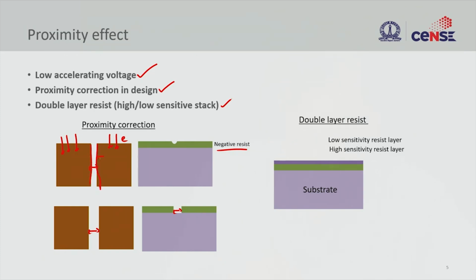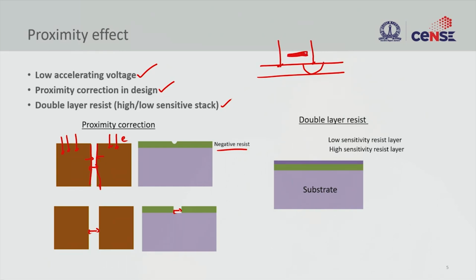The reason for that is, though you expose it to keep it constant, you will have some fringe field because of the scattering. Just to give you an idea, I am exposing here and this will create an exposure volume, and the next exposure is here, and this is the area where I don't want to write.